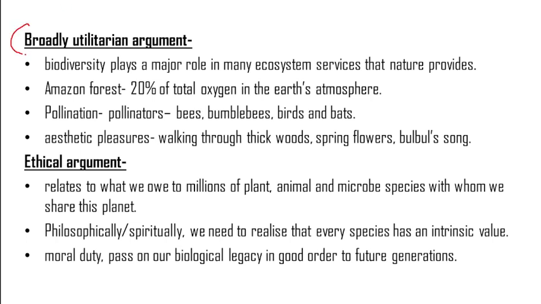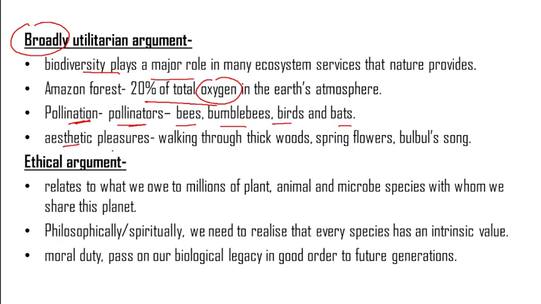Then we talk about broadly utilitarian arguments. Biodiversity plays a major role in many ecosystem services that nature provides, such as the Amazon forest. It is responsible for 20% of the total oxygen in the Earth's atmosphere. Pollination gets done by insects or pollinators such as bees, bumblebees, birds, and bats.